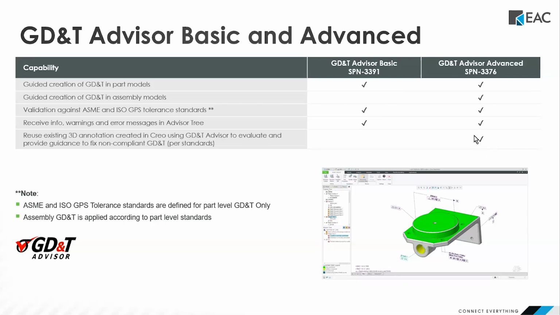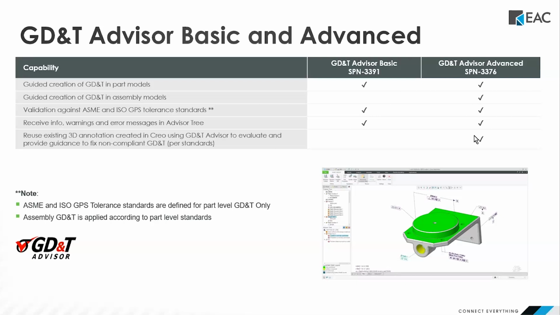So GD&T Advisor works like a spell checker in Word. As I'm typing things in, it can be correcting me or highlighting things that are misspelled or underlining things that might use a different syntax. That's the way GD&T Advisor works. As we're putting in our geometric tolerances, it will look at those and tell us what to correct as we're adding them in.